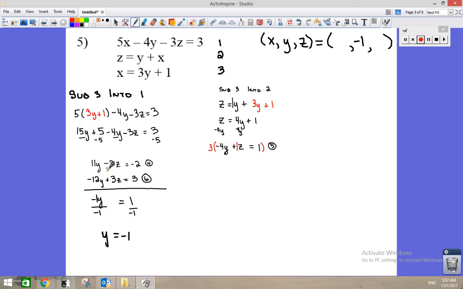So I can come back now to equation 4 or equation 6, plug in y equals negative 1, and solve it for z. I could actually do it before I even multiplied by 3, but let's just do it on the immediate equations. So I'm going to shrink this up again.